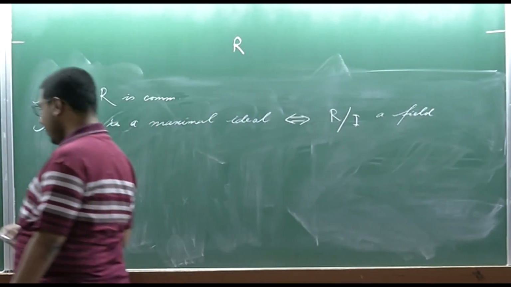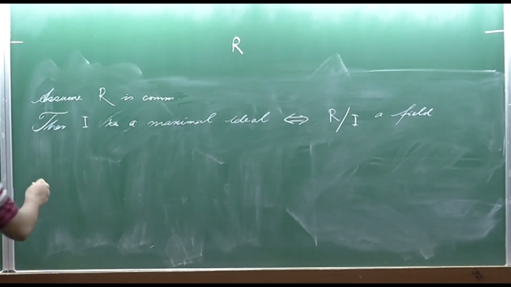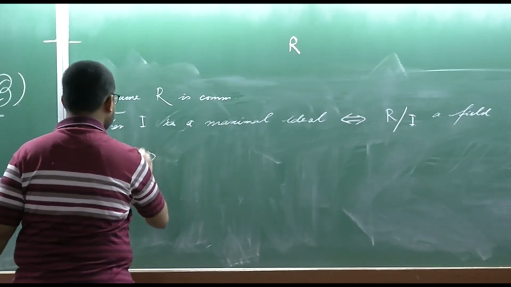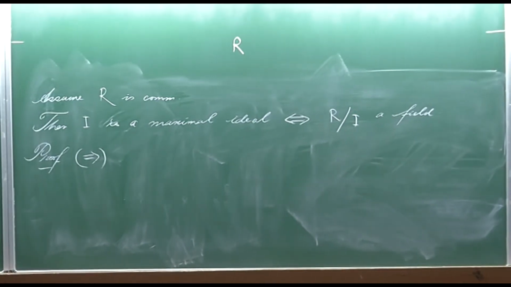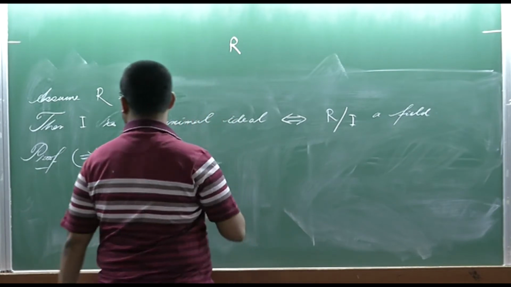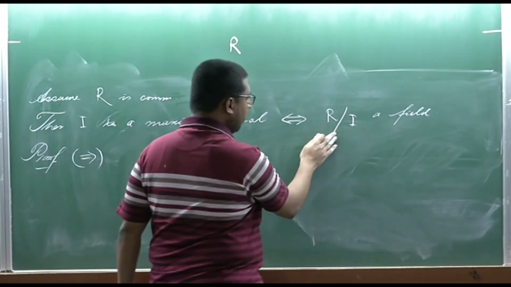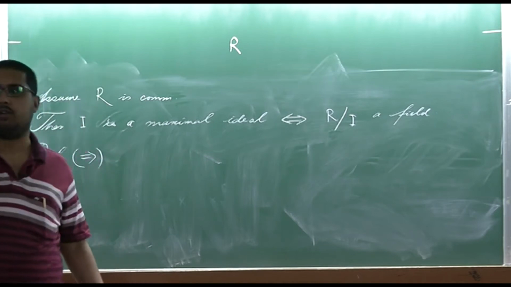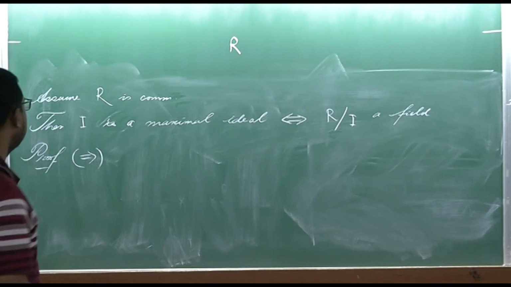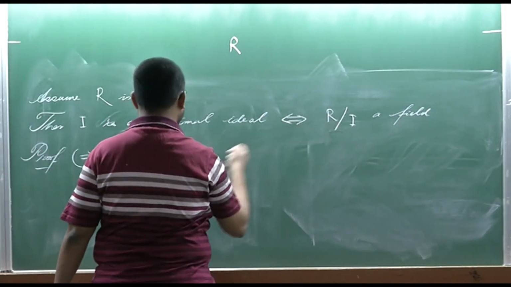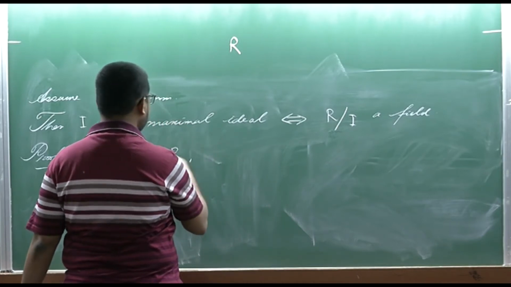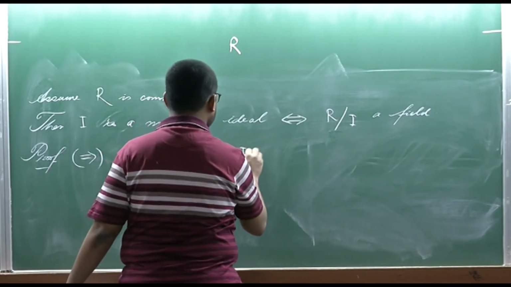That is actually quite easy to see. For example, if you want a proof, let me prove this. I is a maximal ideal, so you have to prove R modulo I is a field. This is a commutative ring, and in order to show it is a field, you have to show that every non-zero element must have an inverse. So take a non-zero element from here; its representative will be x such that x does not belong to I.